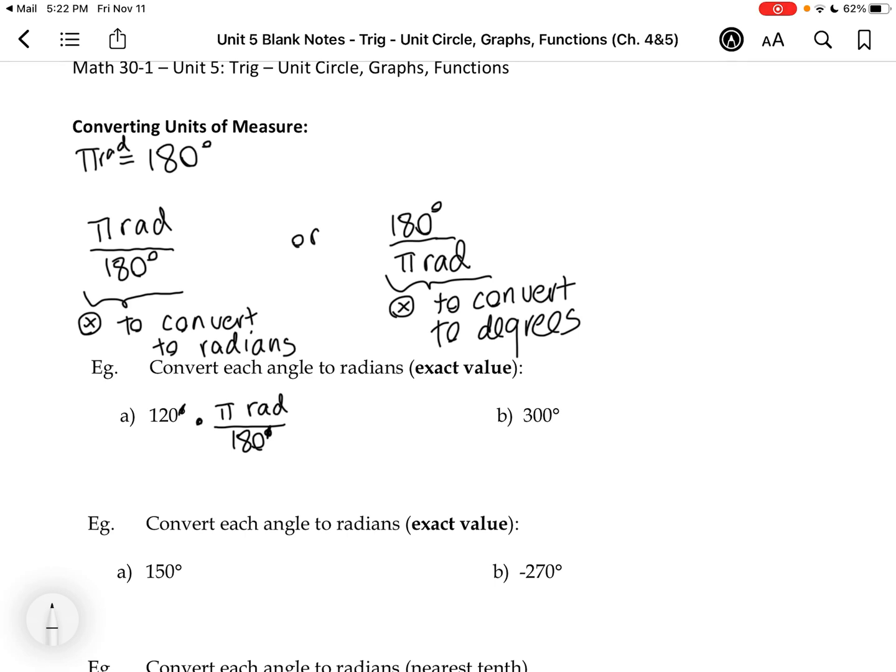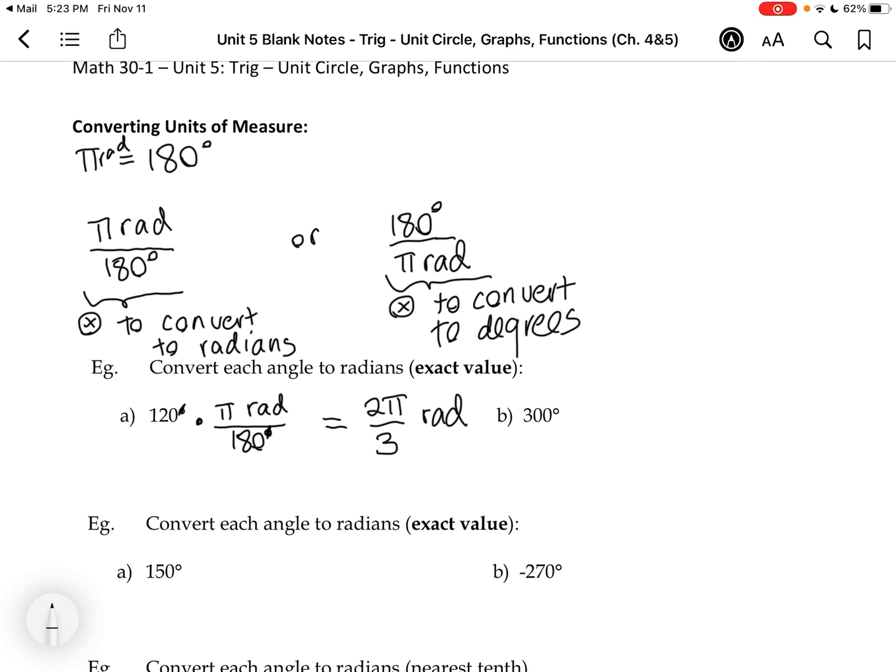So essentially what I have is 120 pi over 180 radians. Now 120 over 180 is 2/3, so we can simplify, and that makes 2 pi over 3 radians. And that's because 2 over 3 is equal to 120 over 180.